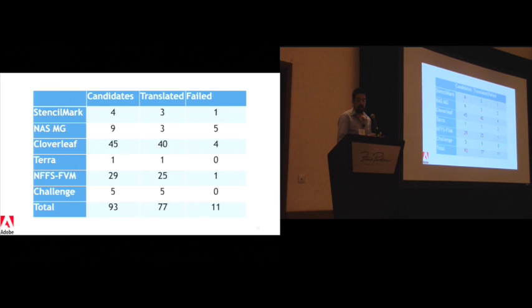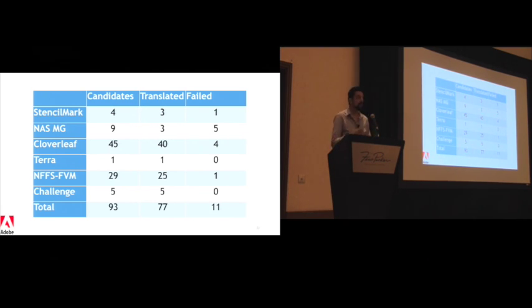So here's a summary of our translation effectiveness. Overall, among our benchmark codes, we discovered 93 candidates. And of those candidates, 77 were translated using Sting, and 11 were failures.